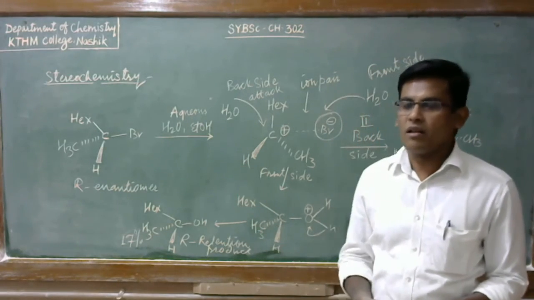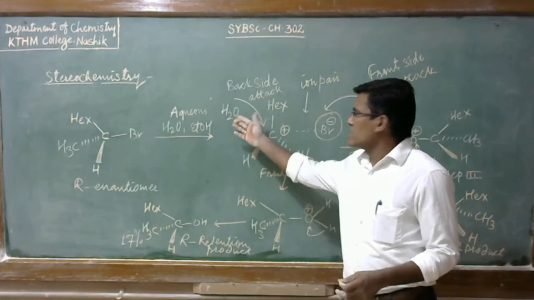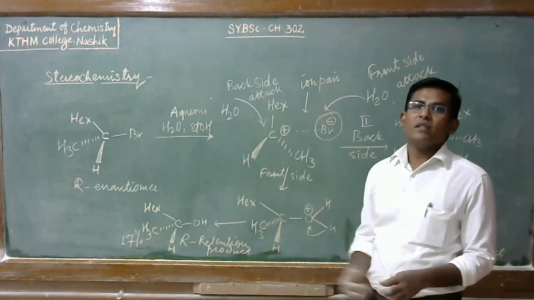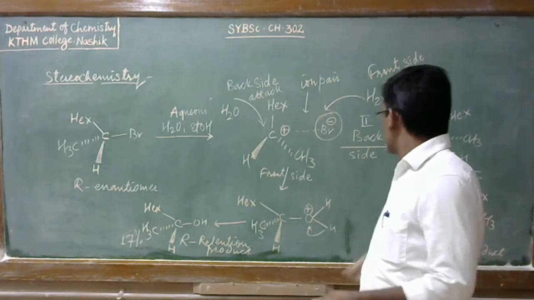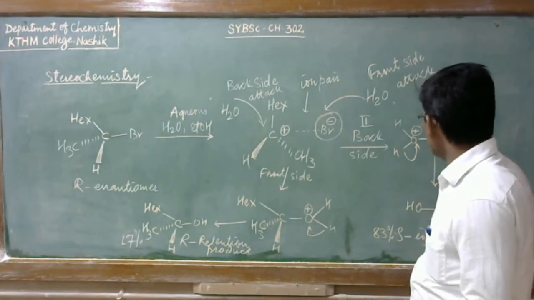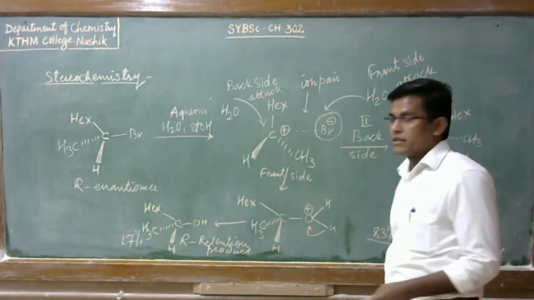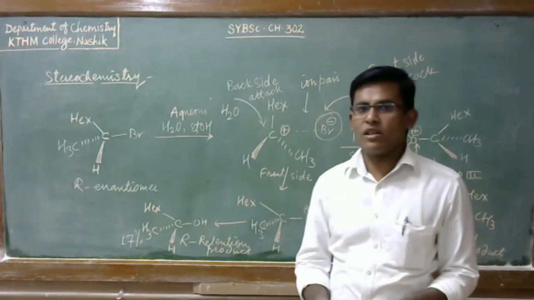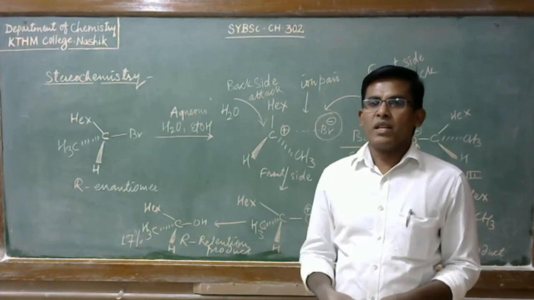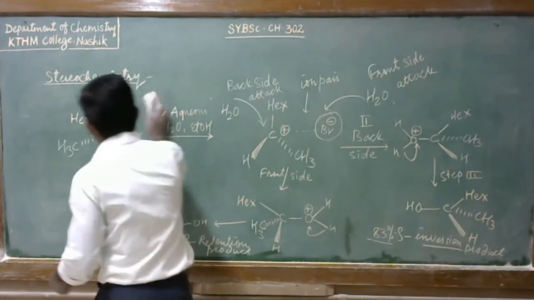So the nucleophile approaches from the rear side to give the inversion product. So this is how stereochemistry plays a role in the SN1 reaction.